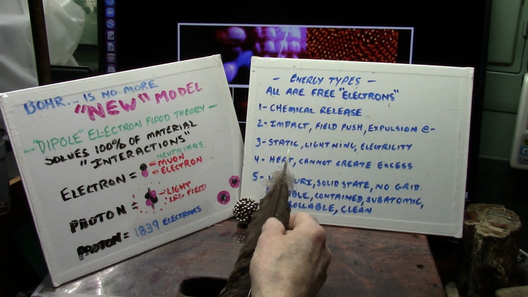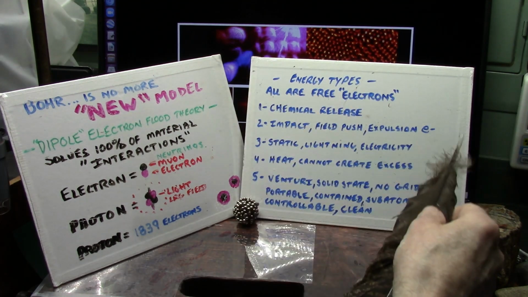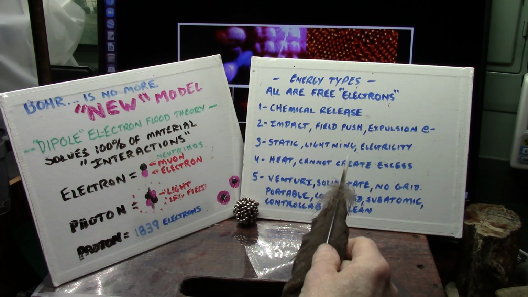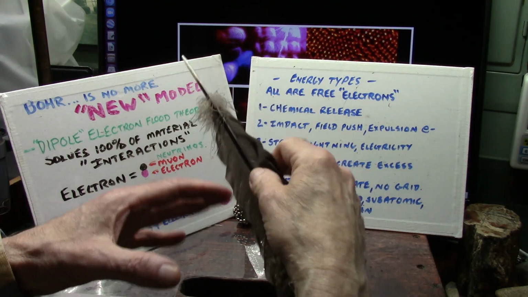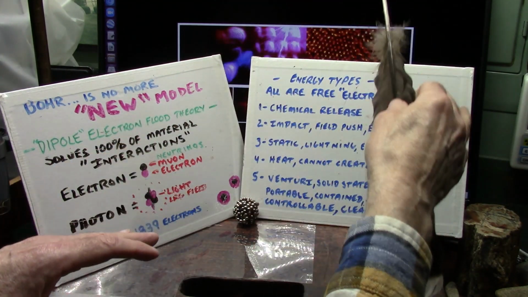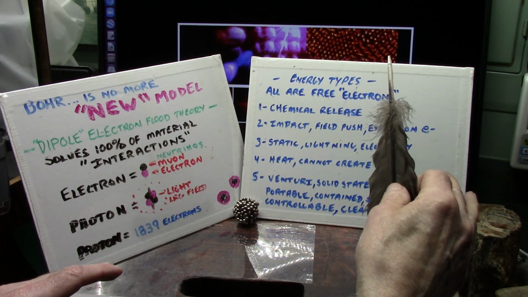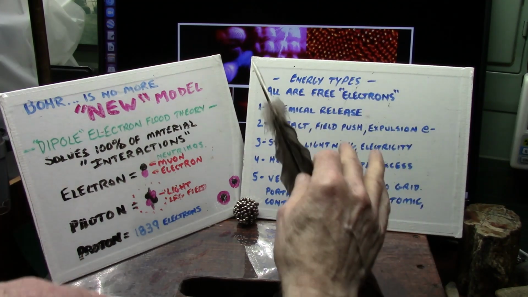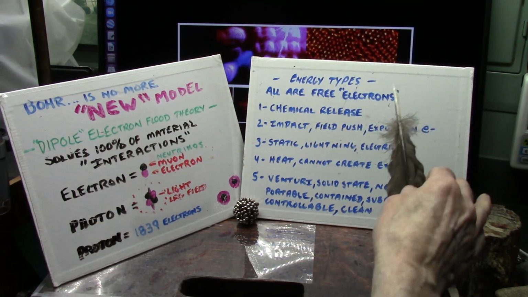Now, static is nothing more than extra electrons that are in the air floating around, attached to normally water molecules. And as it gets drier, there's no water for them to attach to, so they will collect on you.